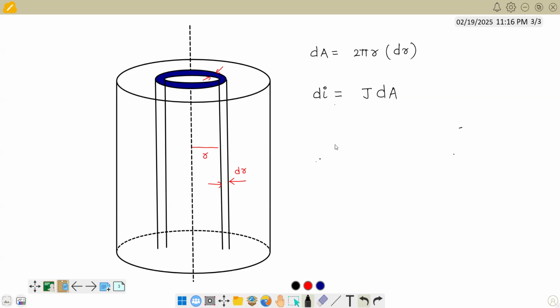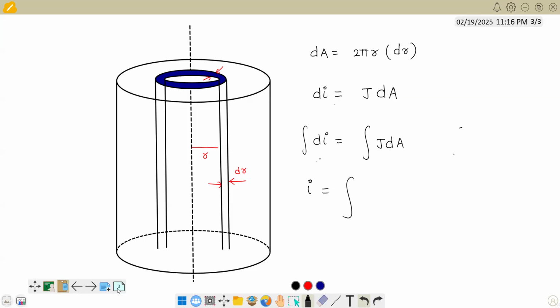To get the total current, let us integrate the left side and right side. So integral dI equals integral J dA. So the total current, let me call it I, is integral J dA.